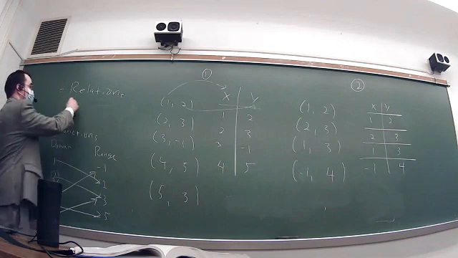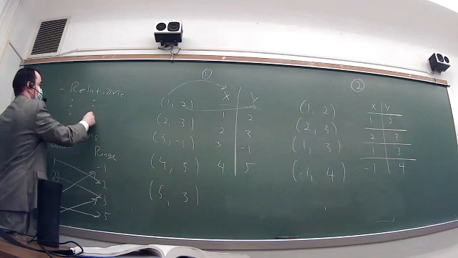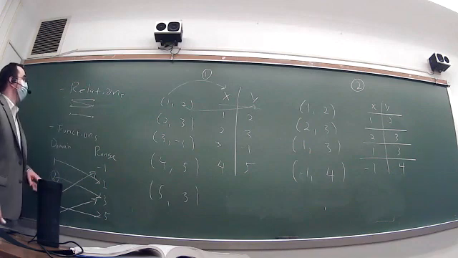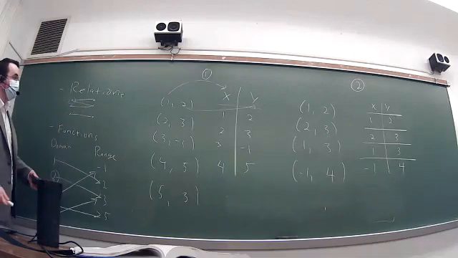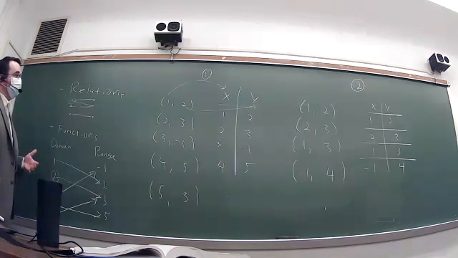Whereas for a relation, if you have something like that, then this is no good because you've got 1 point in the domain going to 2 different places. And that's allowed for a relation, but it's not allowed for a function.